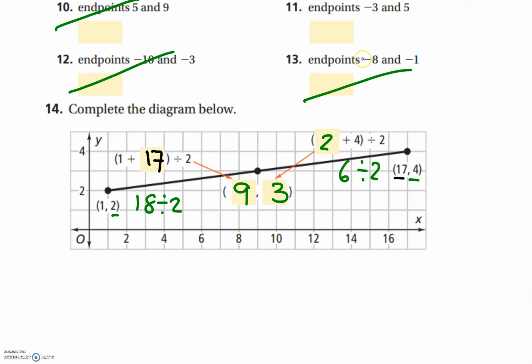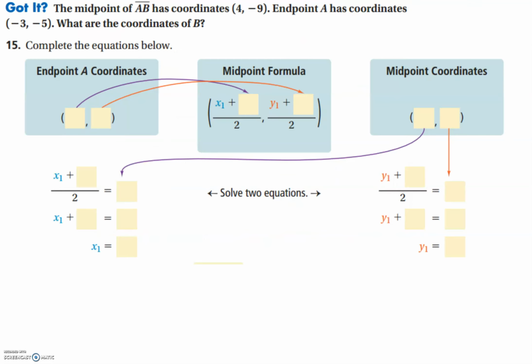Again, we're not really focusing on the number line problems. Okay, so again, the midpoint of AB has coordinates of 4, negative 9. Endpoint A has coordinates of negative 3, negative 5. What are the coordinates of B? This problem is a little bit different. In this problem, we're given the midpoint first, and then we're given an endpoint.